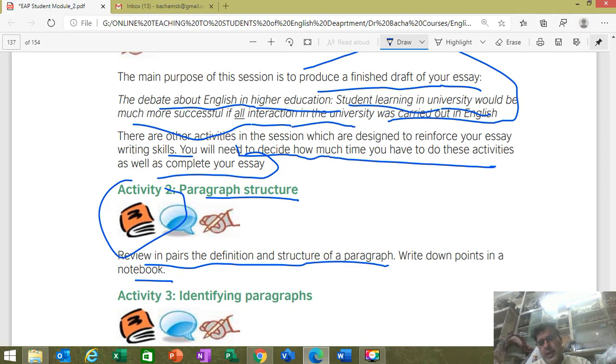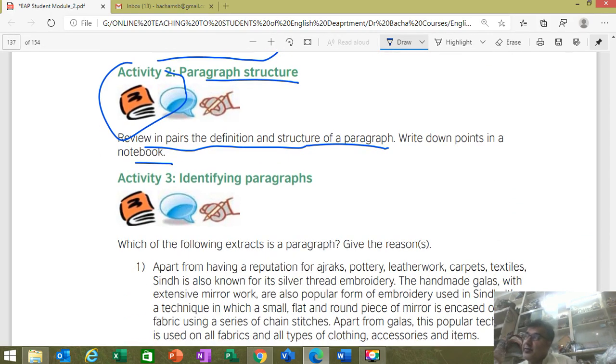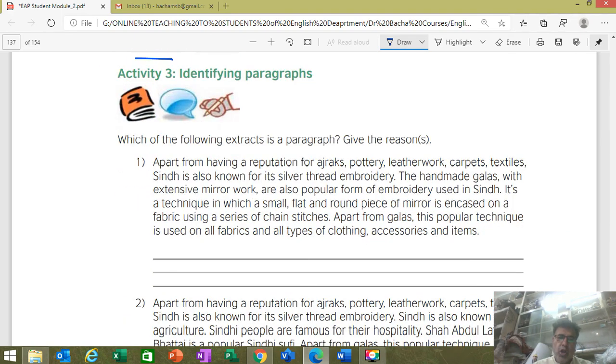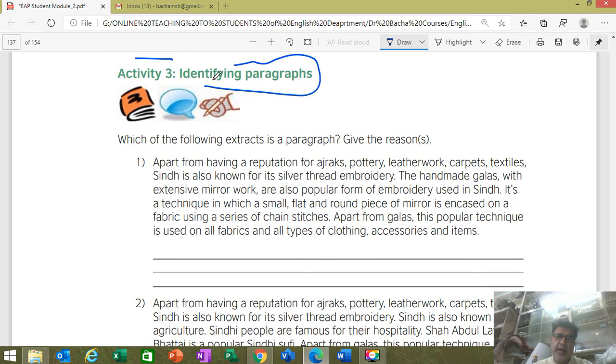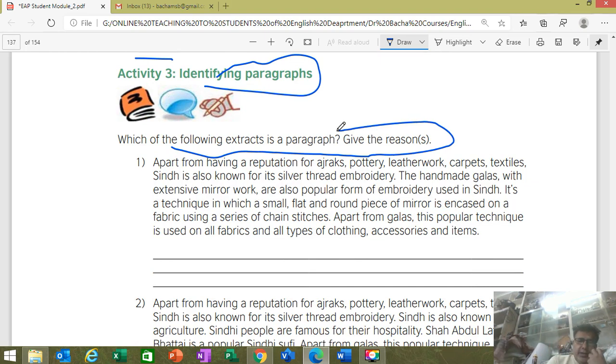But once again, I'm telling you that you are not in university, so you can do it yourself. You have to identify different paragraphs here, give us the reasons, and say which of the following extracts is a paragraph. You have to just tell this now.